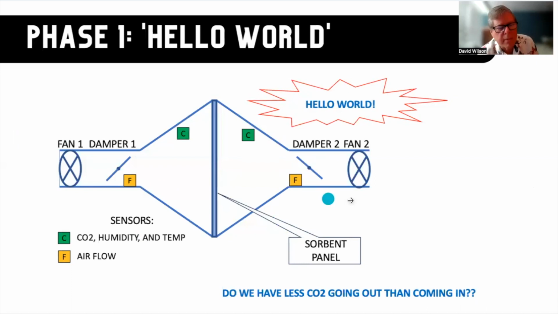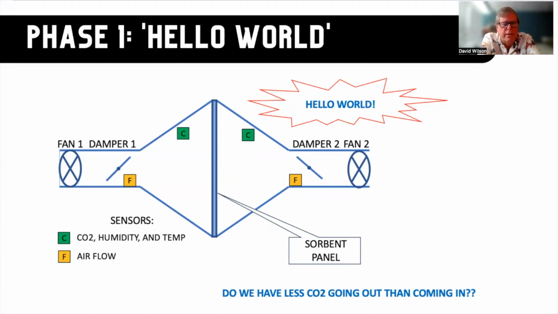Now, the machine that I've been showing you is the completed project, which we're not anywhere close to yet. So we're building in phases, and in each phase we have something we want to accomplish before we move on to the next. Phase one we're calling Hello World, because really all we're going to do is blow the air through the sorbent and see if it is actually capturing CO2.